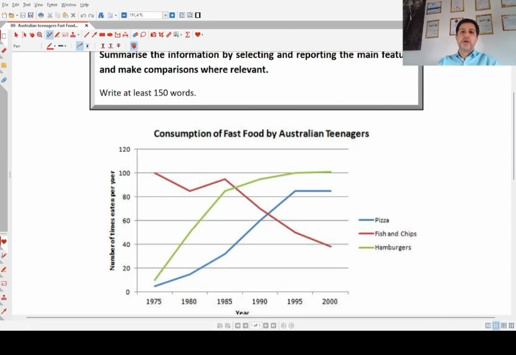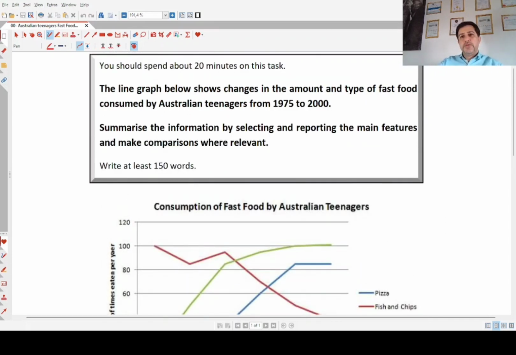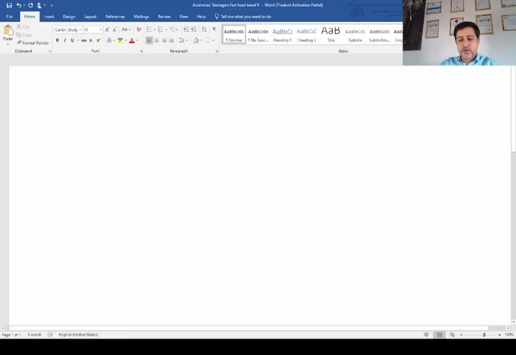Okay, so now, as you know, the first thing that we've got to do is to write the introduction paragraph, which is very easy because it's just a rephrase or paraphrase of the question itself. So I'm just going to open a Word file and write my answer there. And I'm sure you're going to follow and enjoy, because this is going to be interesting.